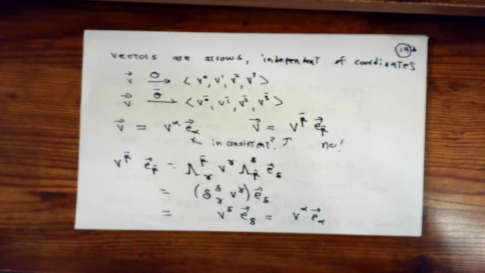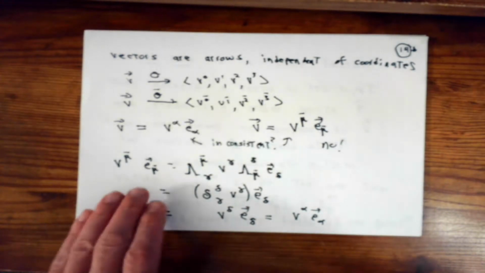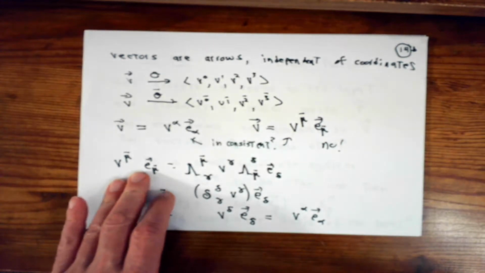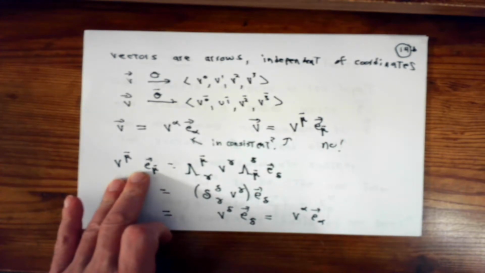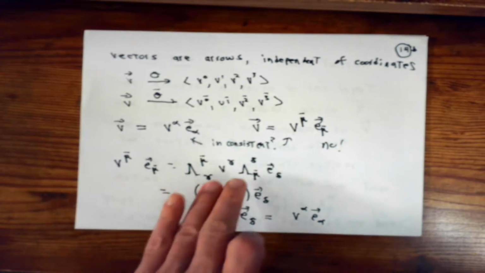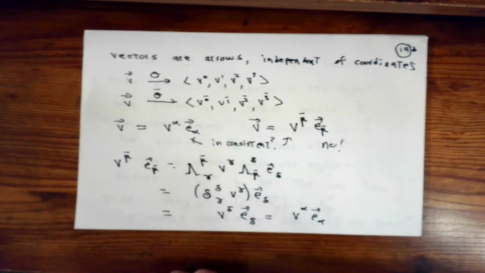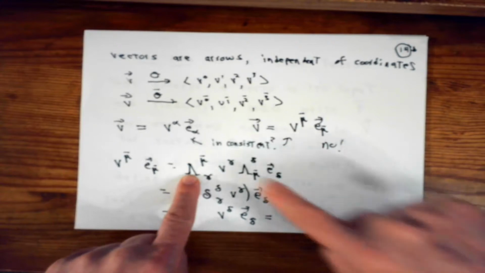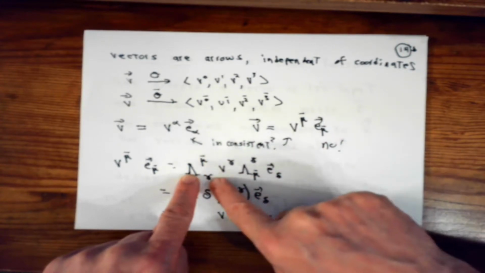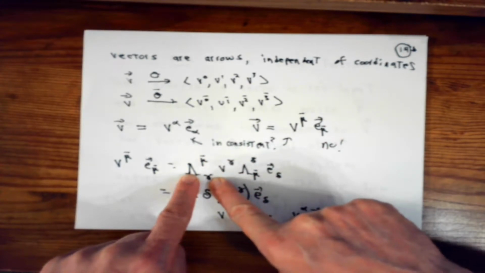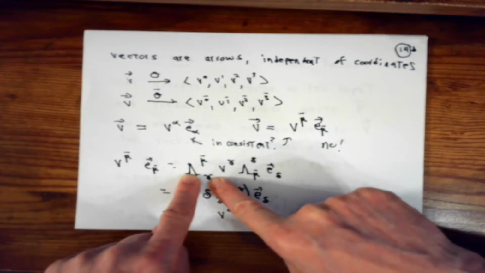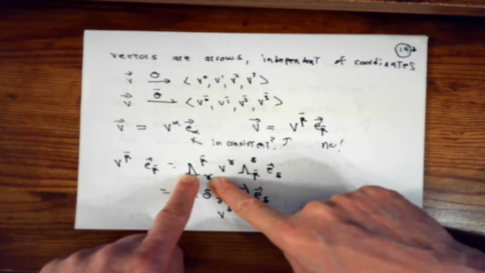One can think to themselves, isn't this inconsistent? And the answer is no, because if you write down v using the barred expression, use the fact that we know all of the ways that components and basis vectors can transform, group the appropriate things together, lambda mu bar upstairs, gamma downstairs, this is a number out of the matrix that we were calling L previously.